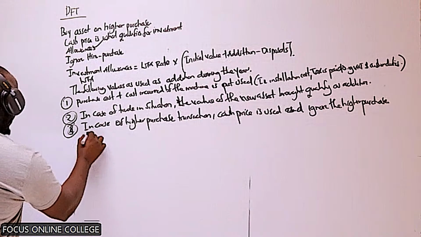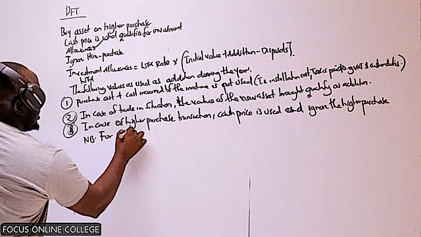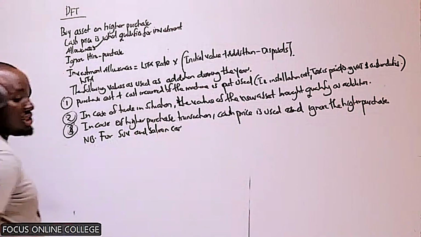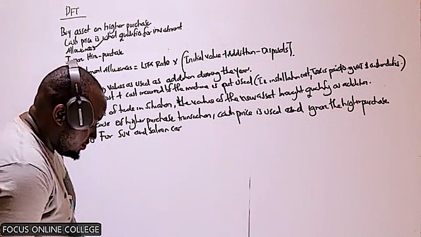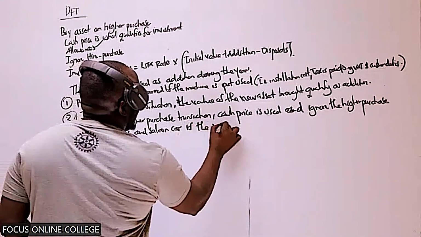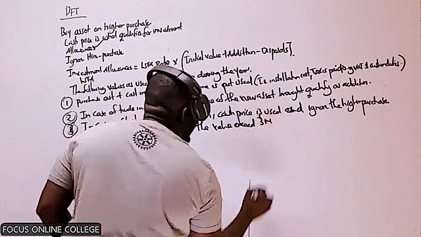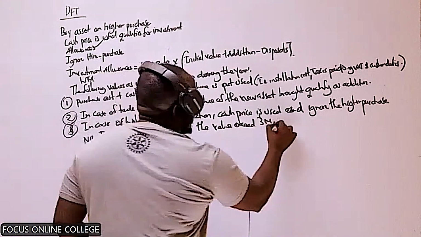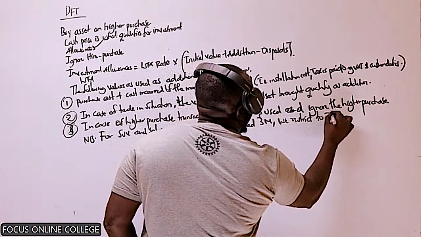Then lastly, as an NB on addition, for SUVs and saloon cars, if the value exceeds 3 million, we restrict to 3 million.